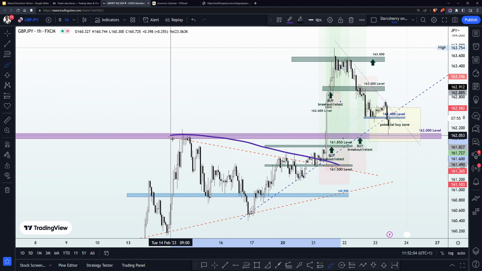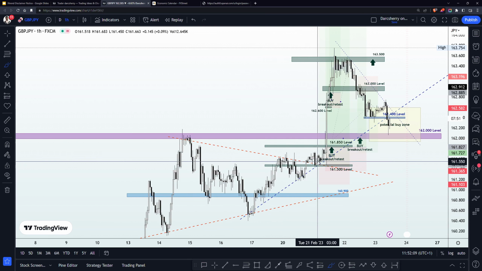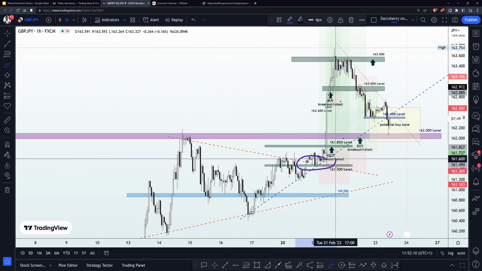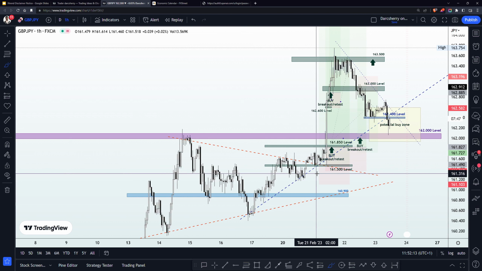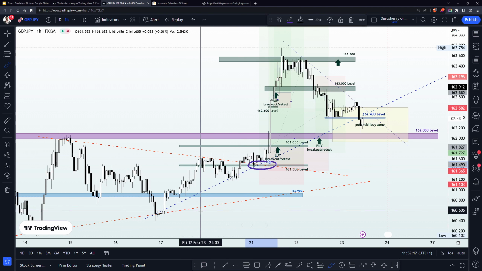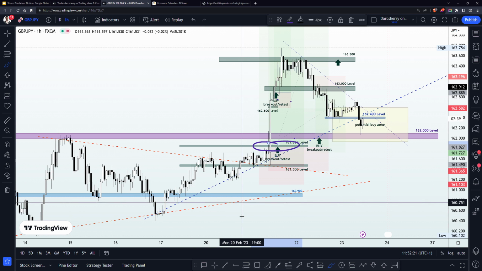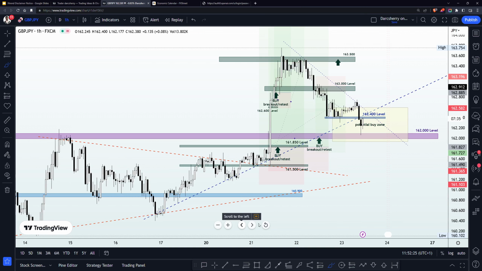Remember, we identified this channel here where we saw the resistance point, and I told you that we are buying the breakout retest of that level, which is exactly what happened here as we joined that bullish momentum, added more position at the breakout of the 161.850 as price action triggered our buy stop order.